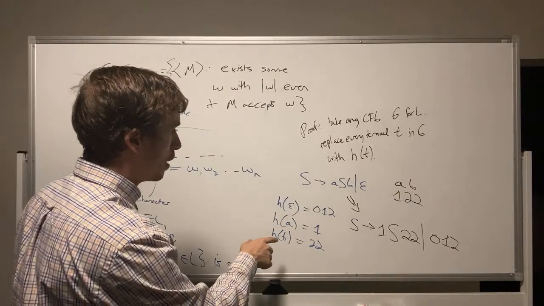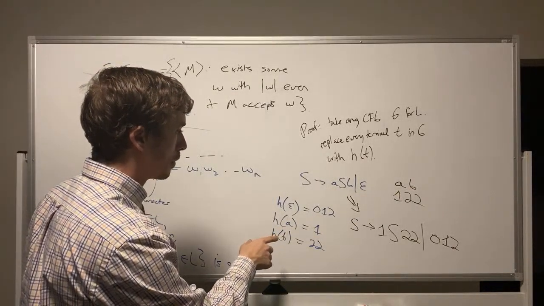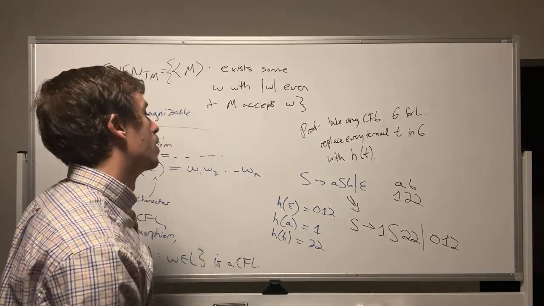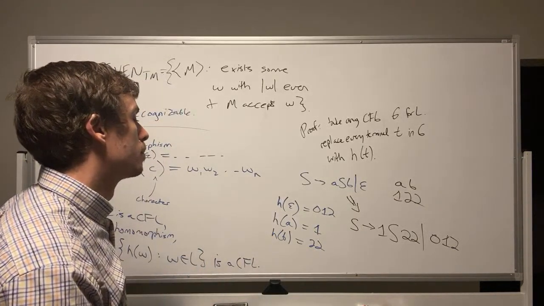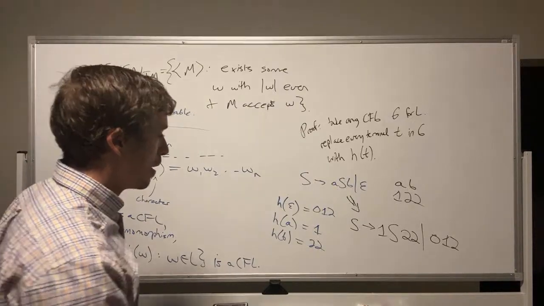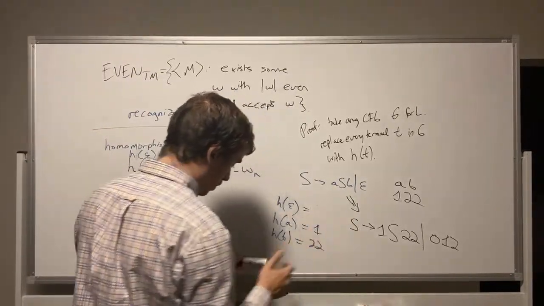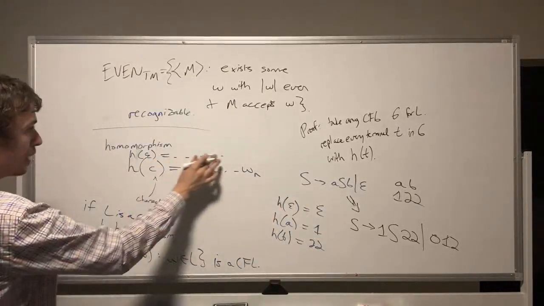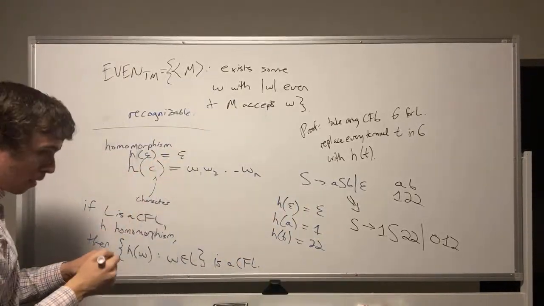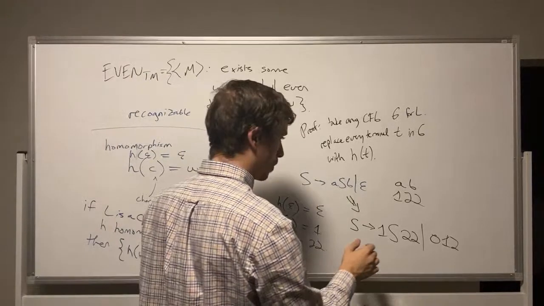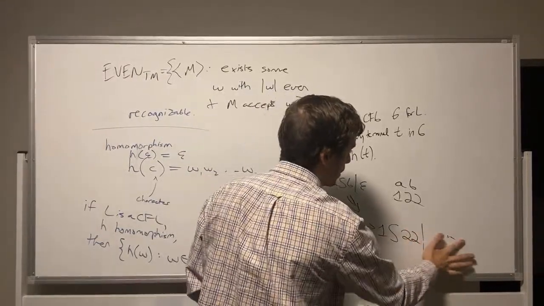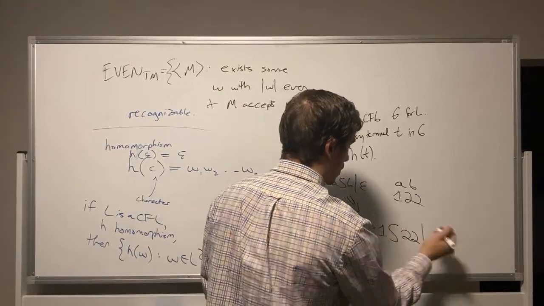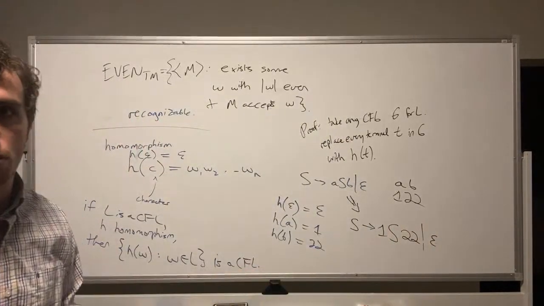No, sorry. Yeah, I'm actually wrong about this. The empty string has to map to the empty string. I forgot about that. So here this will be empty, and now it carries through.